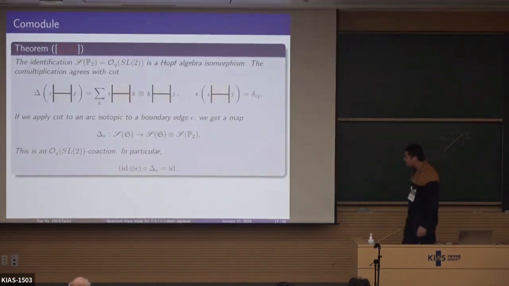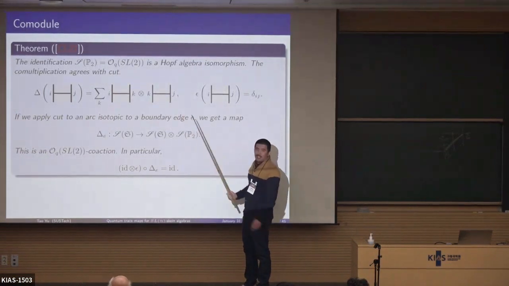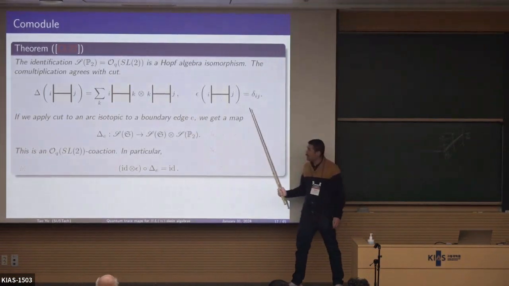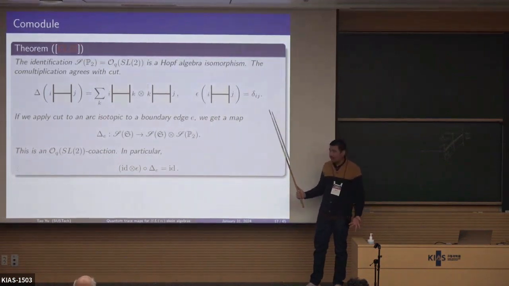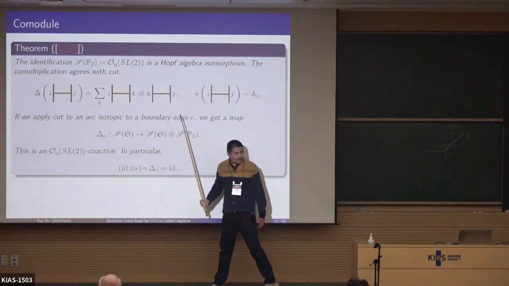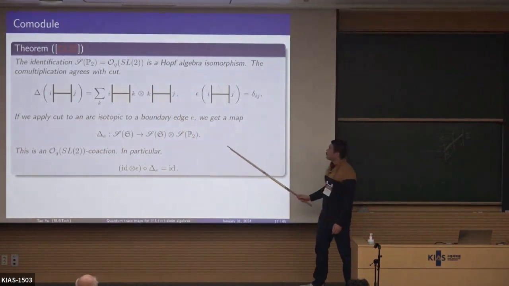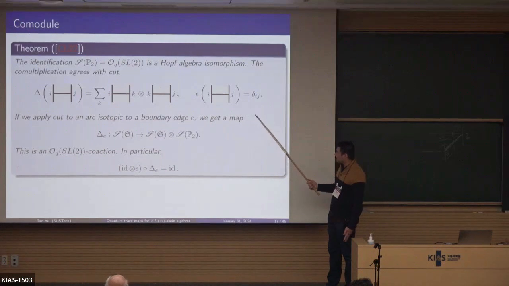We can even say more about this bigon situation, the OQSL2. Previously, the stated skein algebra was just an algebra, but actually you can recover all the structures of OQSL2 as a Hopf algebra. There's even a co-R matrix on OQSL2, and we can recover that as well.